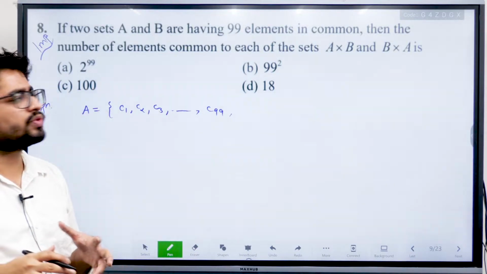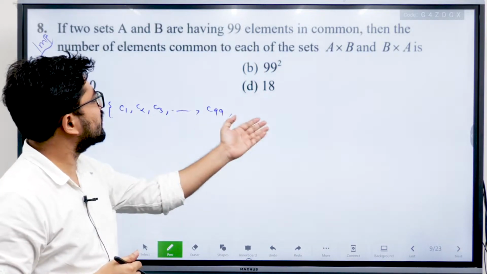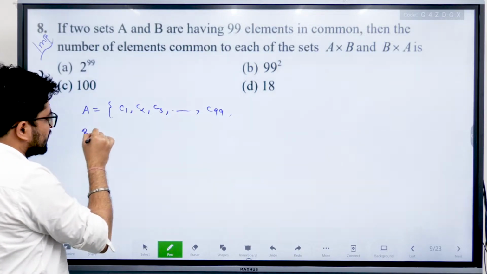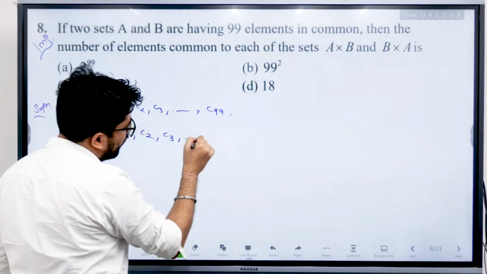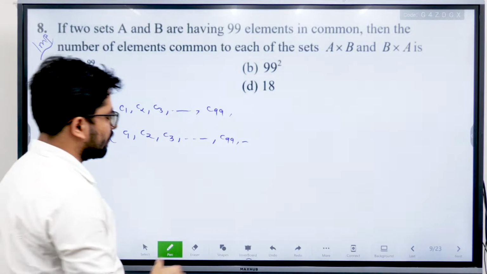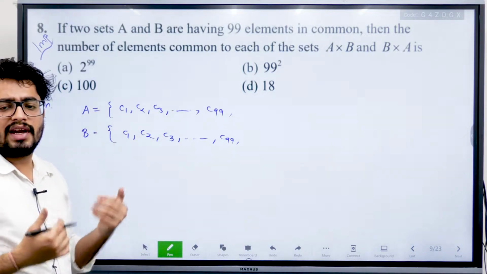These are the elements which are common in A and B. So the B set is C1, C2, C3 and so on till C99. But A may contain more than 99 elements.